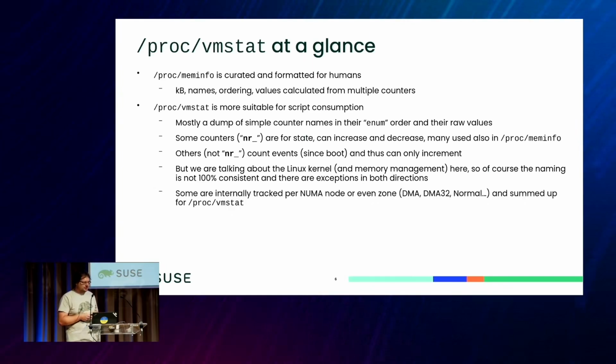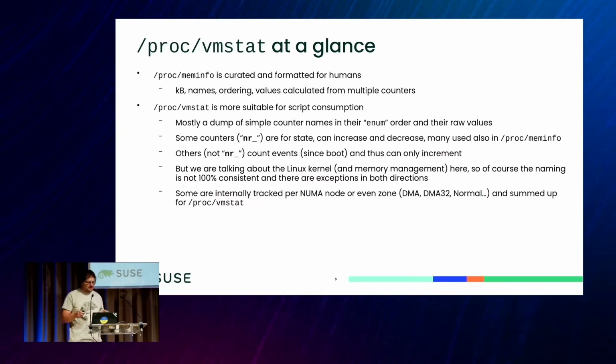Some of the counters are internally tracked, not globally, but per NUMA node. I guess we talked about those already in previous talks, and some are tracked by zones. Those are things like DMA, DMA32, which are separate in some of the NUMA nodes. If you know, you know.